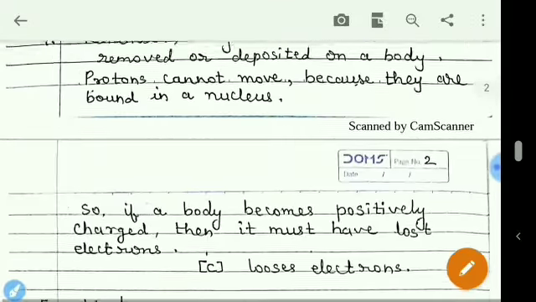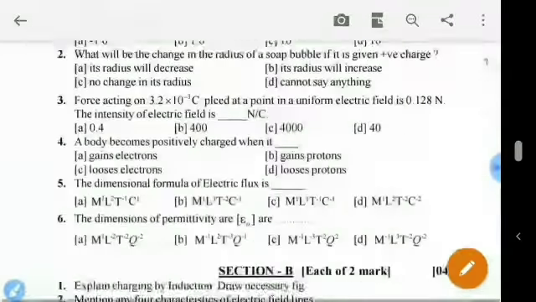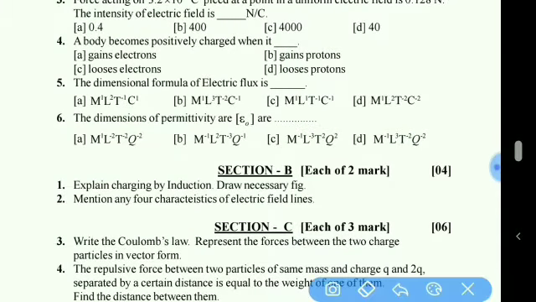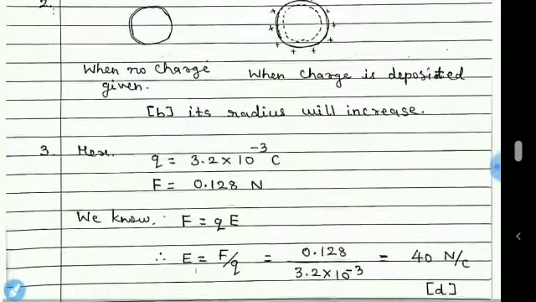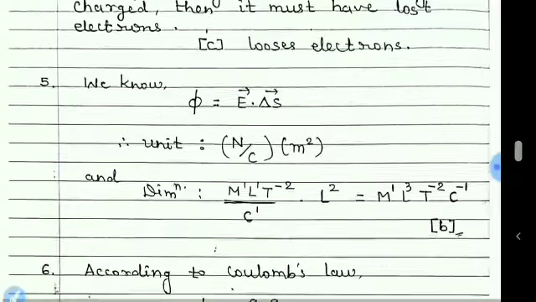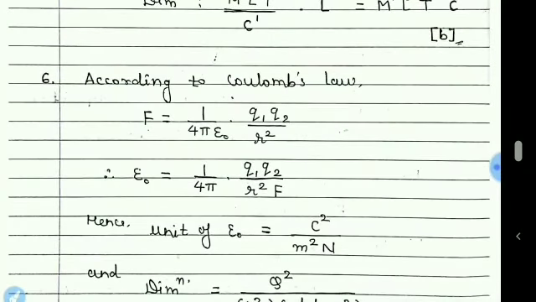Now MCQ number 6. In this MCQ also, we have to obtain the dimensional formula of permittivity. The symbol is epsilon naught. So in this MCQ also we will apply the same method which we applied in MCQ number 5. First we will write the formula in which there is epsilon naught. So we will take a simple formula which is nothing but Coulomb's law.